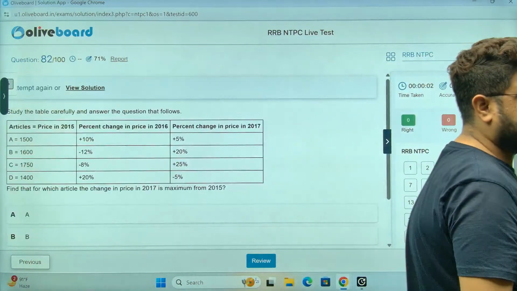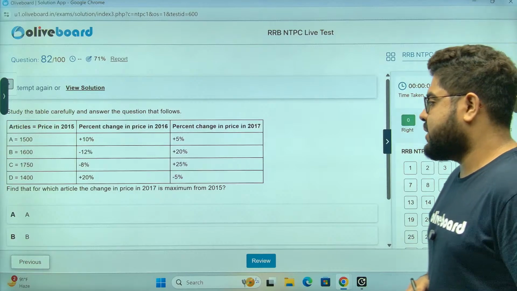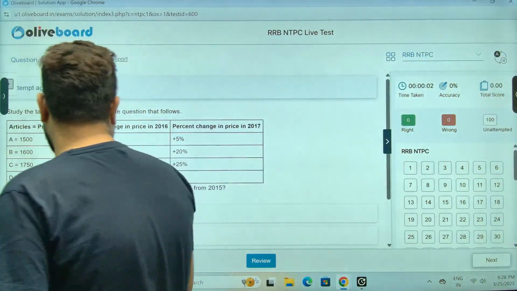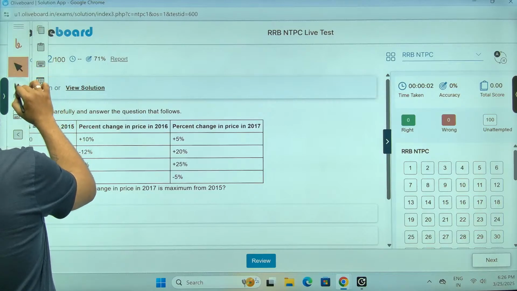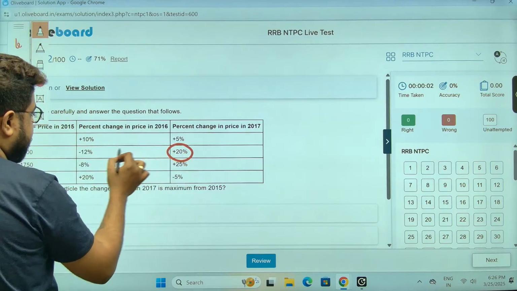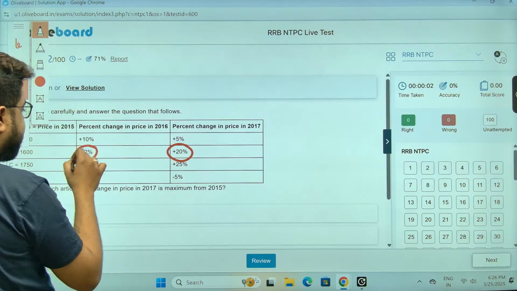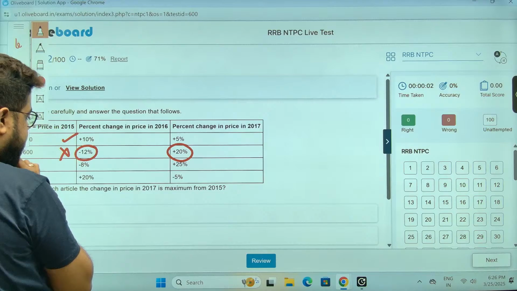Next one, sir. Percentage change. Acha, for which the change in 2017 is maximum from 2015. Look at the options. This can never happen, because it is minus. This can be one possibility.